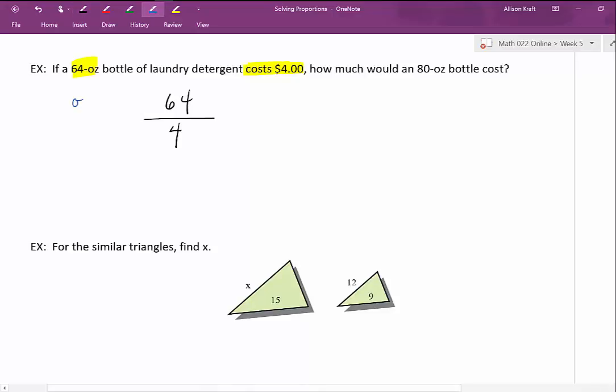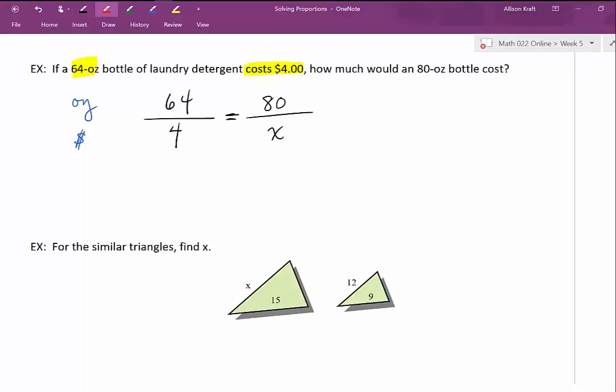Note that ounces is in the numerator and money in the denominator. When I rewrite the right side of my proportion, I need to keep those units the same. Ounces in the numerator, money in the denominator. We're being asked how much would an 80-ounce bottle cost? The ounce is known, that's 80, but the price is unknown.